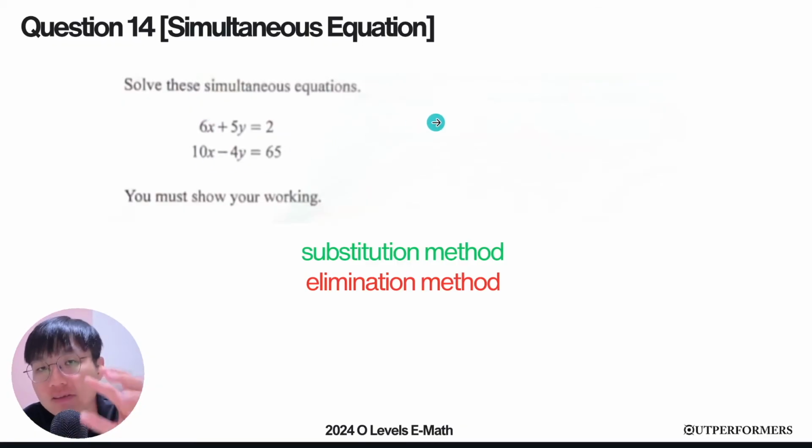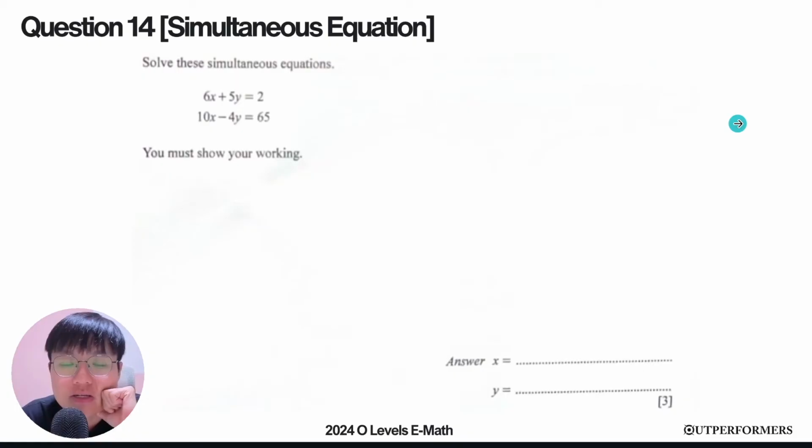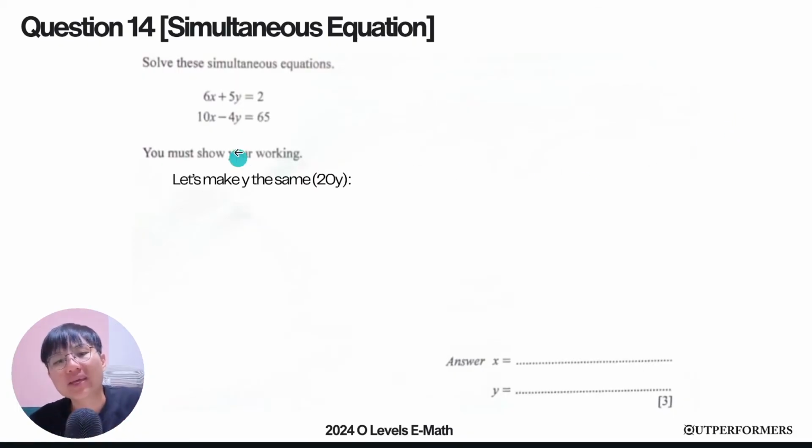If I have a single 1x or 1y, it will be easy to make one the subject and do a substitution without a fraction. But right now, because I have 6, 5, 10 and 4 over here, I will rather do the elimination method just to make one of them the same. So in my case, I'm going to make y the same with 5 and 4 over here.